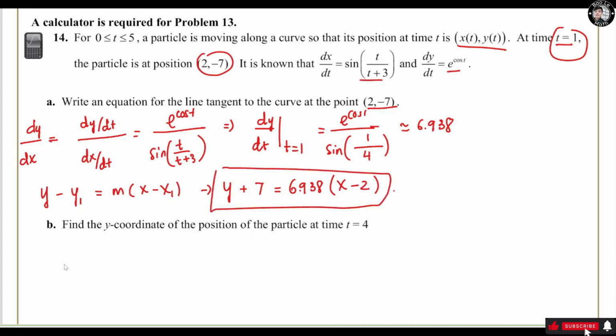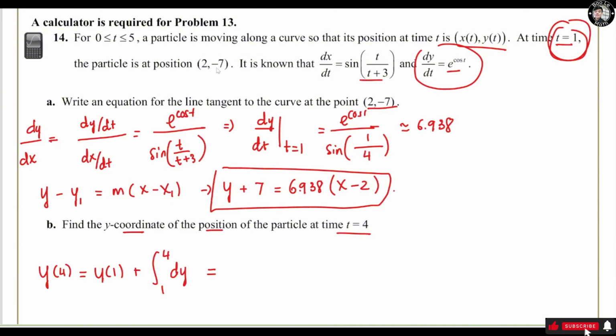Now question B. Find the y-coordinate of the position of the particle at time t equals 4. Now we need to use the fundamental theorem of calculus, right? So we see that dy over dt is right here, right? So we have the final position y of 4 equals the initial position, y of 1, plus the integral from 1 to 4 of dy, right?